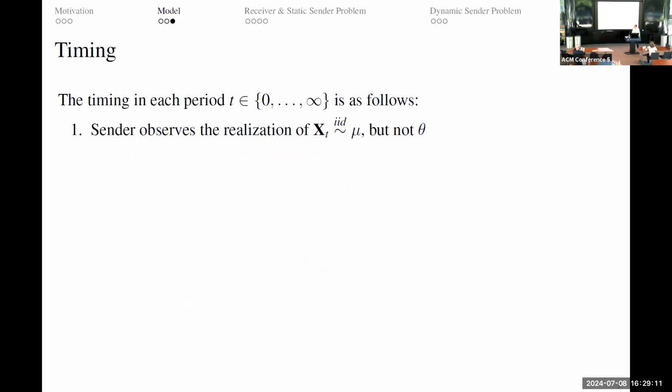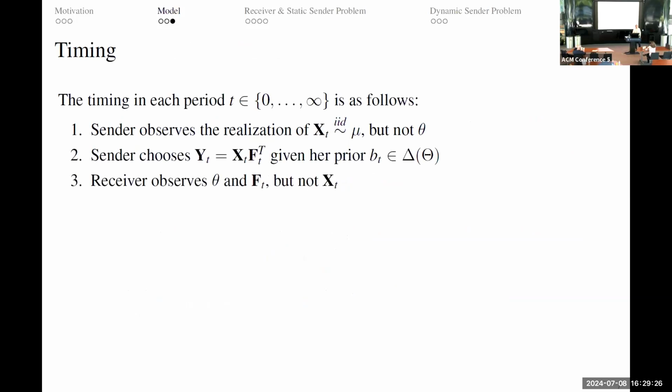So to summarize, the timing within each period of this model is that first the sender observes the realization of the full information menu X, but not the receiver's type. The sender then chooses this information filter under their prior belief about the receiver type. The receiver knows their type as well as the information filter, but not the state of the world.